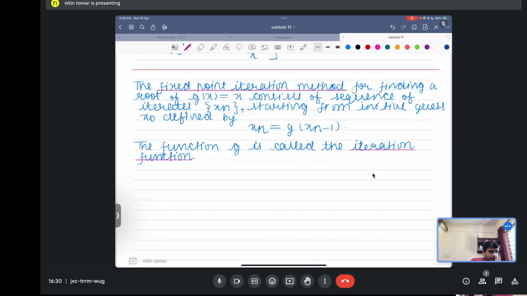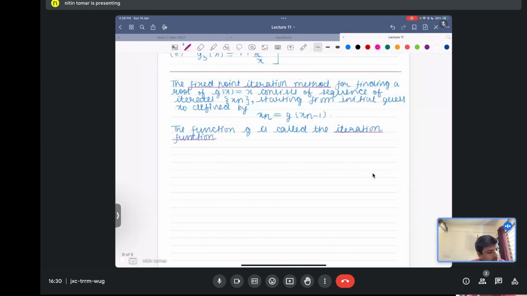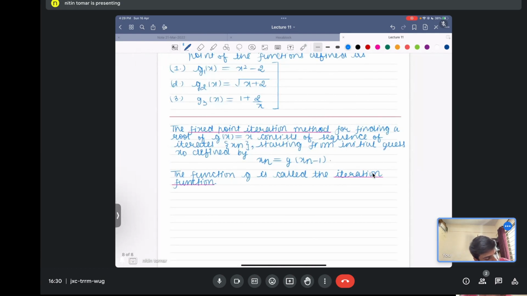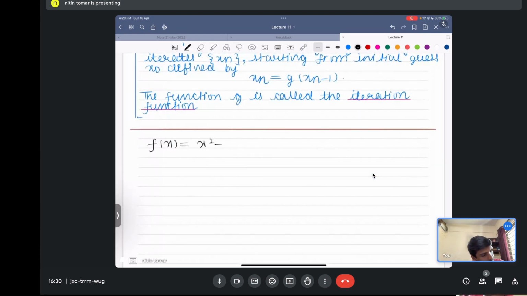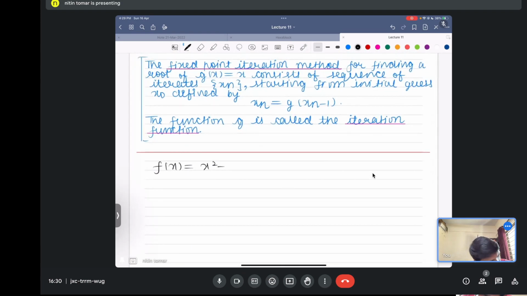So okay, let us see what we mean by this. So we have this function, right? f(x) equal to x square minus x minus 2, and let's say we choose our g(x).